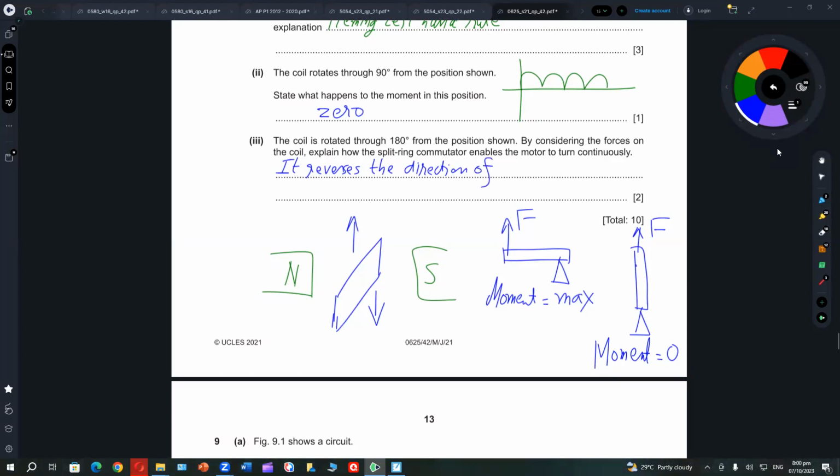Remember this working of a split ring commutator.